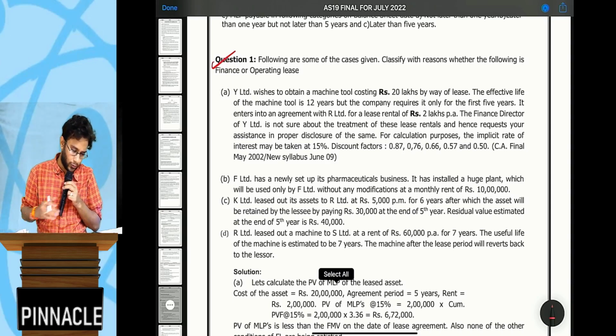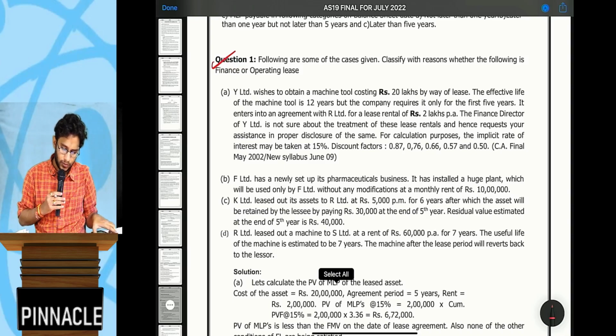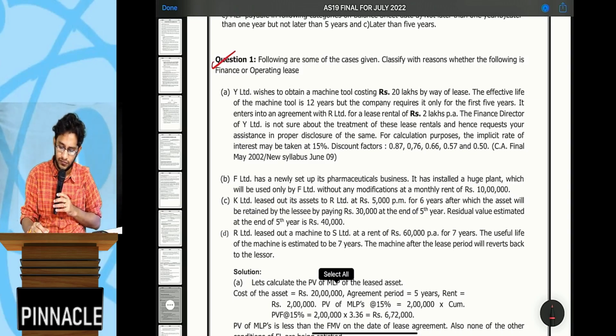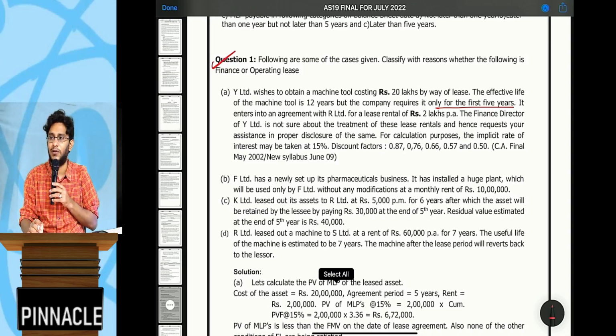First one: Y Limited wishes to obtain a machine tool costing rupees 20 lakhs by way of lease. The effective life of the machine tool is 12 years, but the company requires it only for the first 5 years. Now, what is the first condition? Is the lease period forming the major portion of the life of the asset? No. First situation, I am not following.